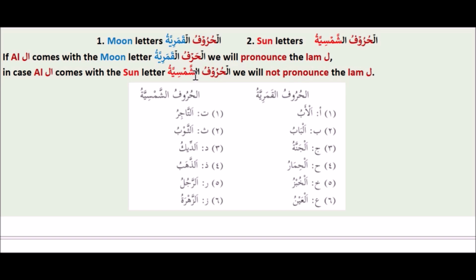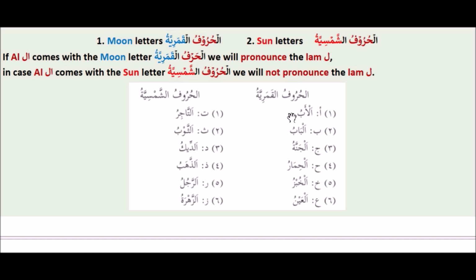Al-Qamariya. Ash-Shams. Over here we have not pronounced the Lam, and over here we pronounce the Lam. You have already done it through the main course. We will go a bit quickly. These are the Qamariya, we are going to pronounce the Lam. These are the Shamsiya, we are not going to pronounce the Lam.